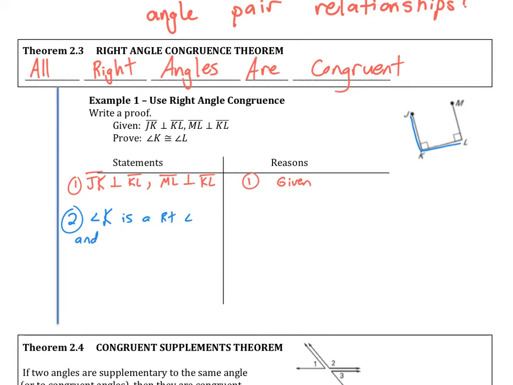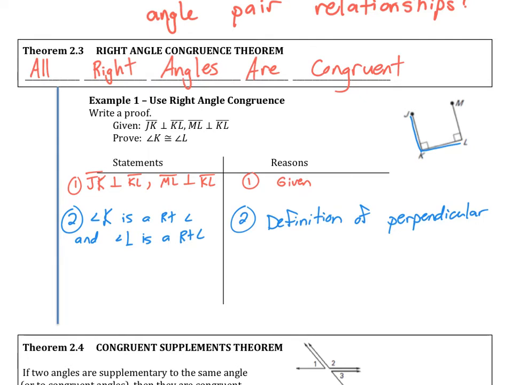And it also means angle L is a right angle, because perpendicular means they form a right angle. So that would be the definition of perpendicular. So by definition of perpendicular, we know that those are right angles.